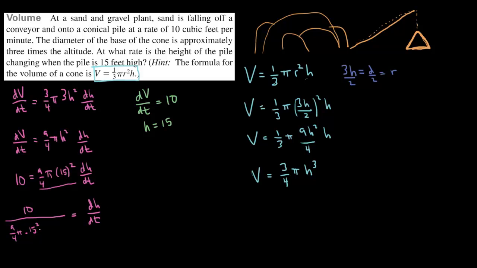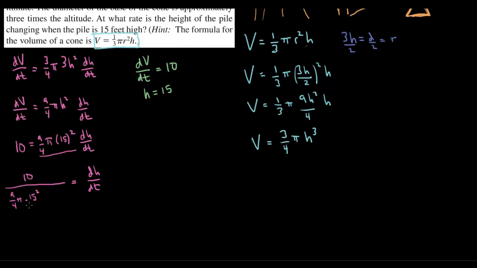Let's see, 15 squared is 225. So 9 times 225 divided by 4 does not simplify at all. Great. All right, I thought that might simplify. So we need to simplify this. Let's go to the right-hand side. That's terrible notation, but that's fine. We're out of room. Actually, I'll just scroll down a little bit.